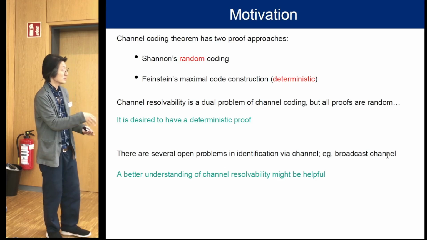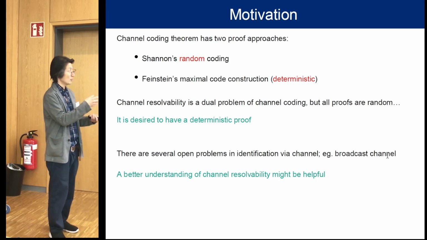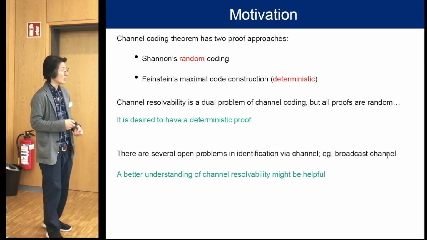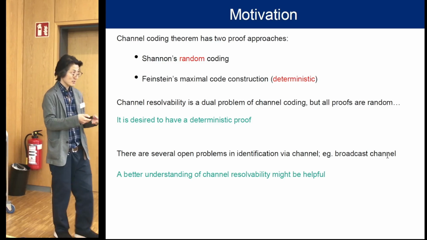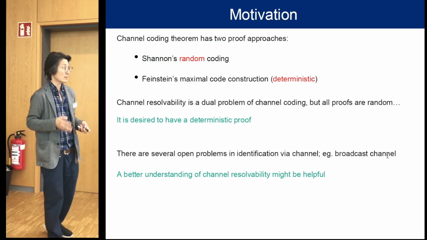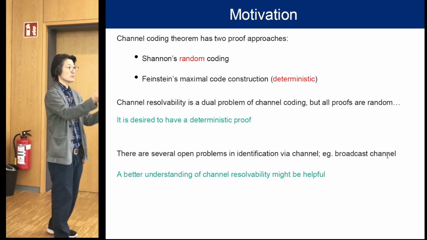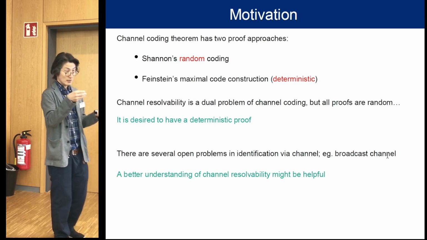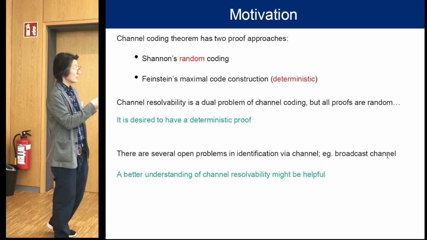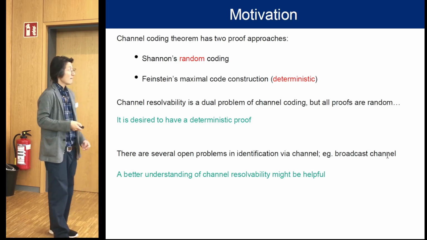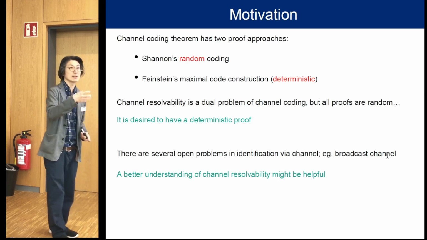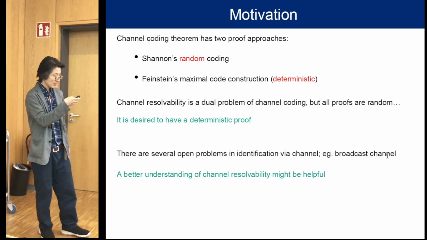Even for the quantum setting, the classical-quantum channel coding theorem has been proved using maximal code construction, for instance in Andreas Winter's paper or Ogawa and Nagaoka's paper. So it's quite important, and through this method, we can understand channel coding better.